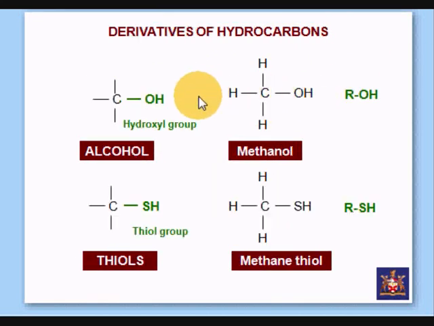And some derivatives of hydrocarbons, you've got alcohols and thiols, for instance. So simplest one is CH4, methane, so substitute and add a functional group OH on. You've got methanol. Similarly CH4, you've got an SH replace one of the H's, so methane thiol.